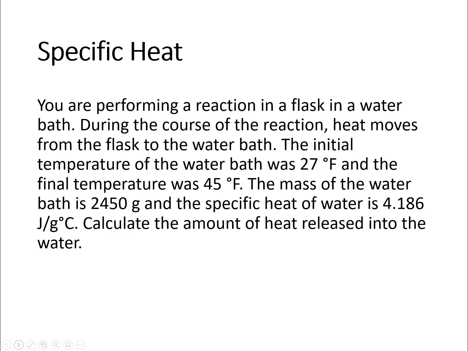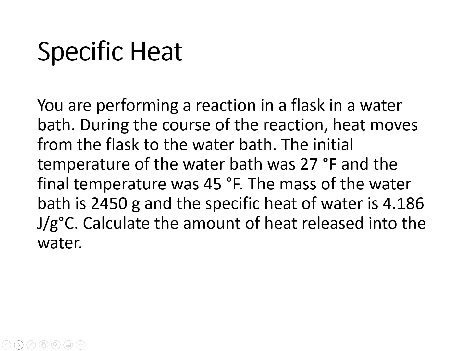If we're doing a problem, you see this is a big old paragraph, okay? We're going to pick through it a little bit and run through it a little bit quick because we've only got a few minutes left in class. But I wanted to make sure to throw something like this up here so that you see it in action, okay? So you're performing an experiment or reaction in a flask and water.